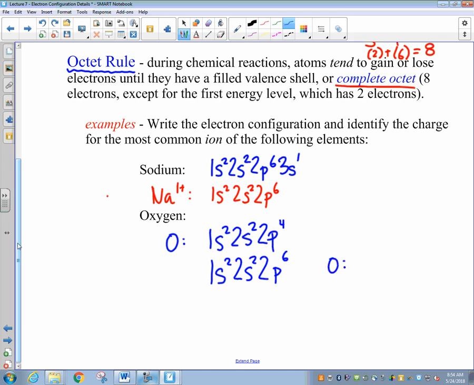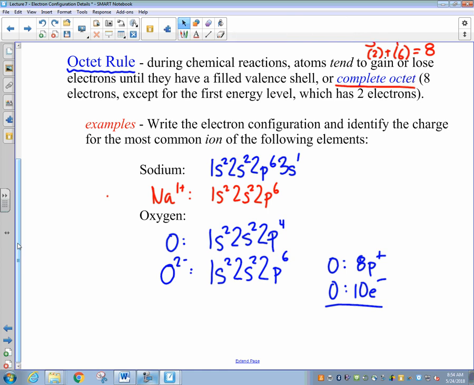Given that oxygen had a total of 8 protons, and as an ion its electron configuration had a total of 2 plus 2 plus 6 for 10 electrons, the overall charge on the oxide ion would be -2, recognizing that it has 2 more negatively charged electrons as an ion than it has positively charged protons.